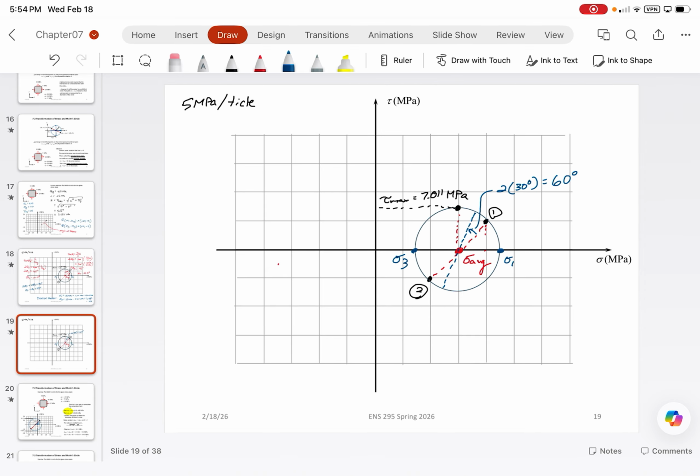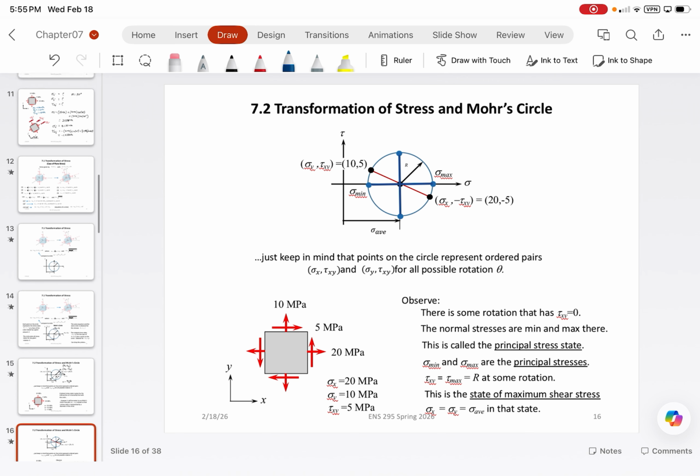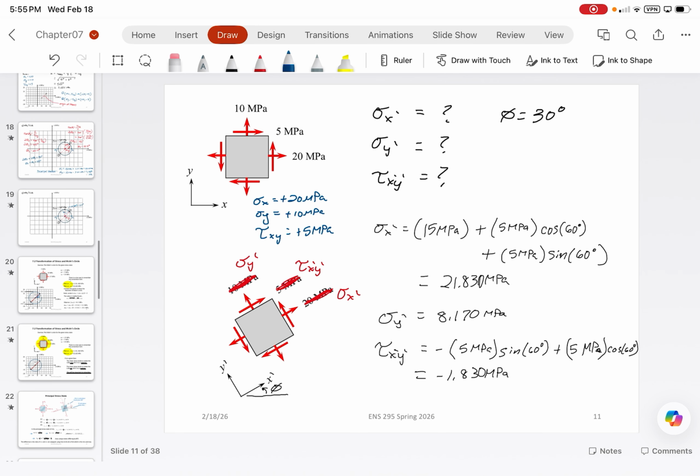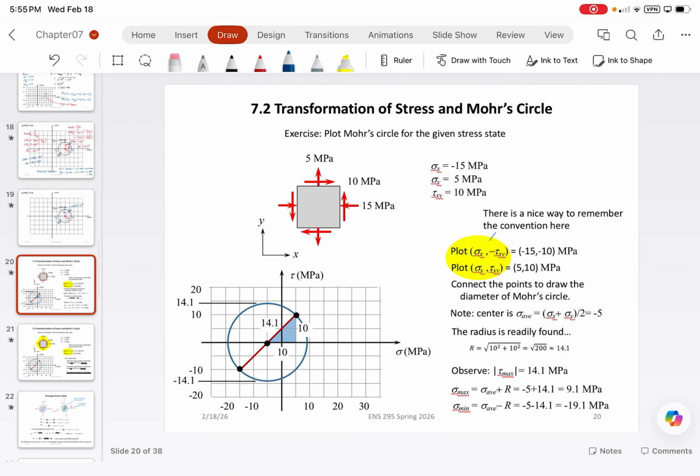Now, if you draw this out carefully, it would probably look somewhat closer to this, I would say. So let me just erase that. That's a 60-degree rotation from orienting that block 30 degrees, so that would have given us this orientation right here. So you have to rotate the circle 60 degrees.